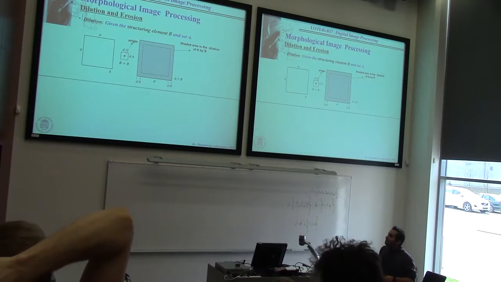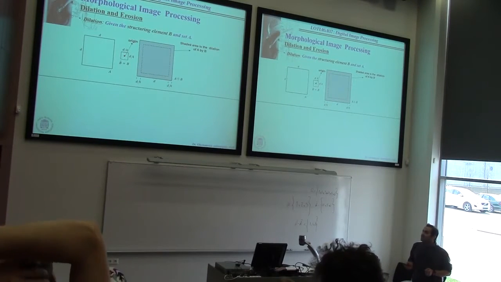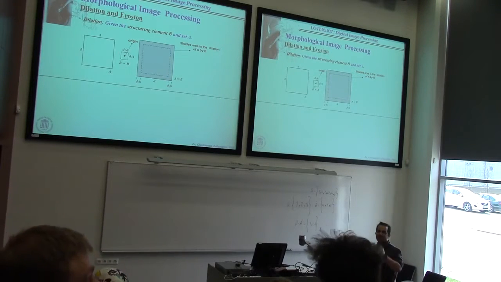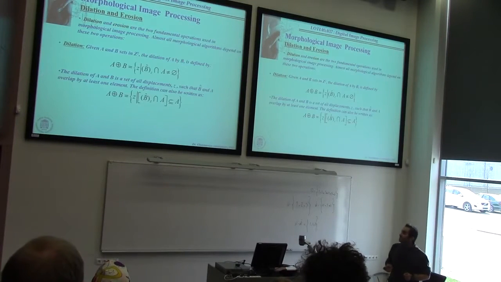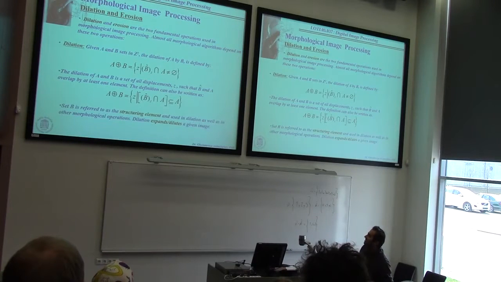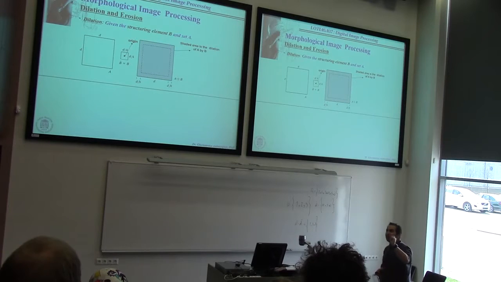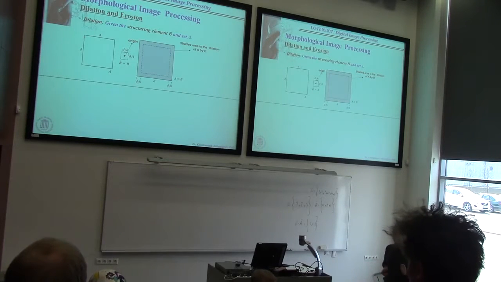When we want to find the dilation of this set, we have to put the set of B on the image, where just a part of your structure or your B set has to be inside the set of A for dilation.